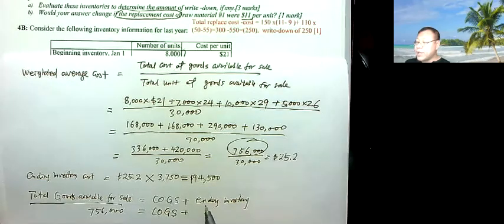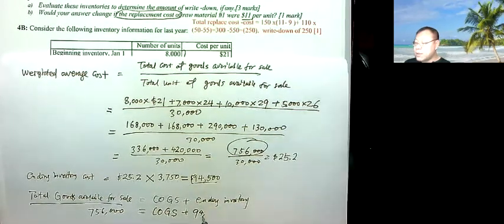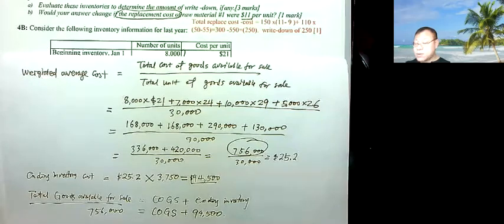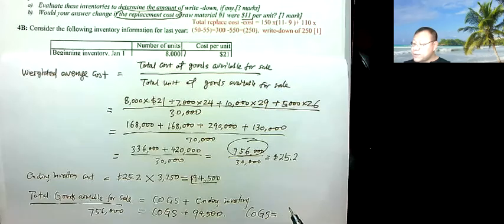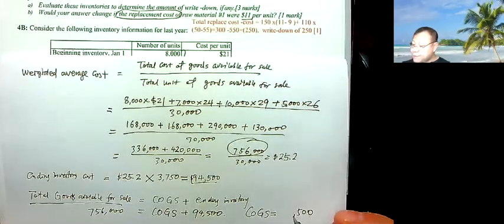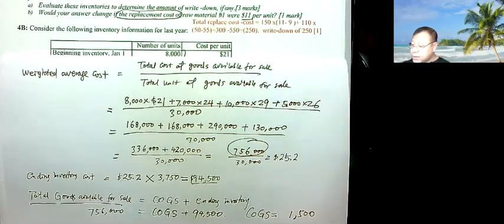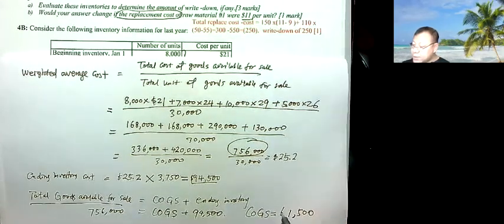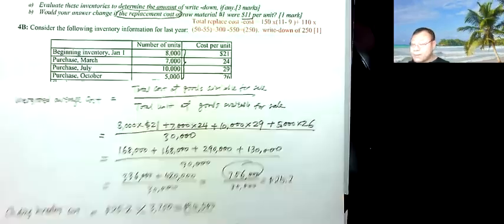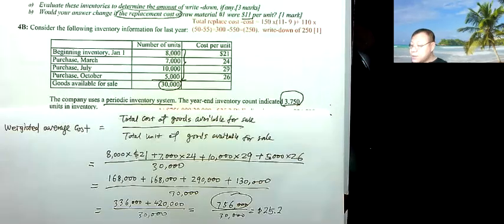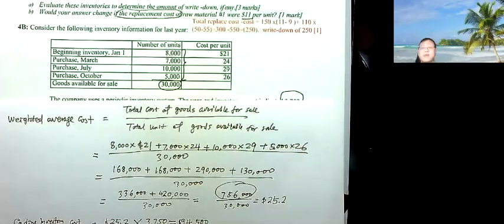And ending inventory we calculated. So my cost of goods sold is the difference of the two numbers, which is 661,500. So that's my cost of goods sold. Okay.